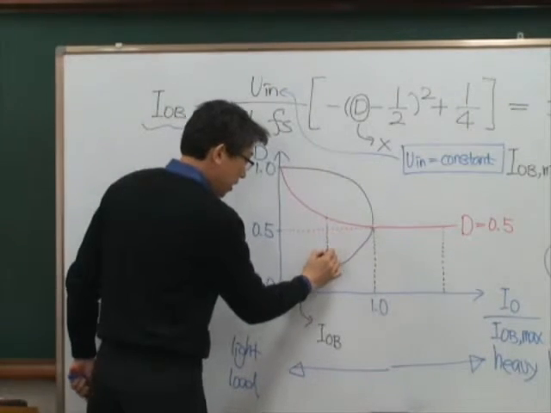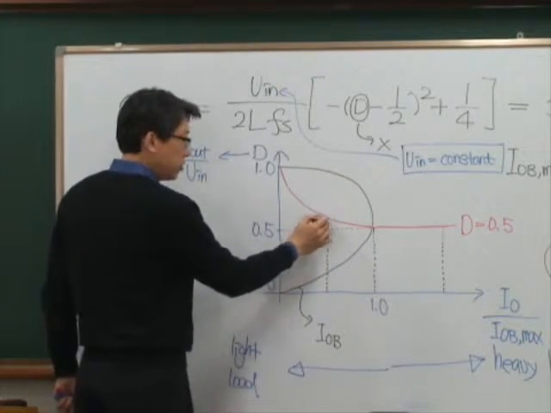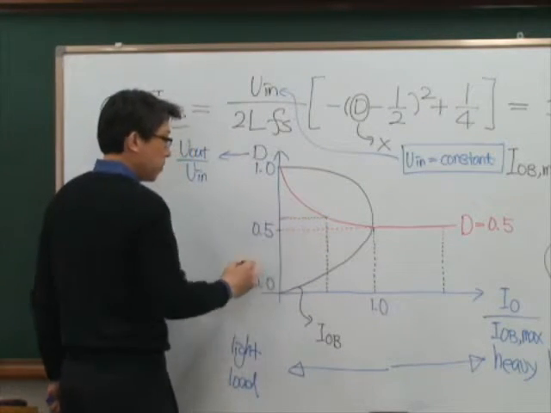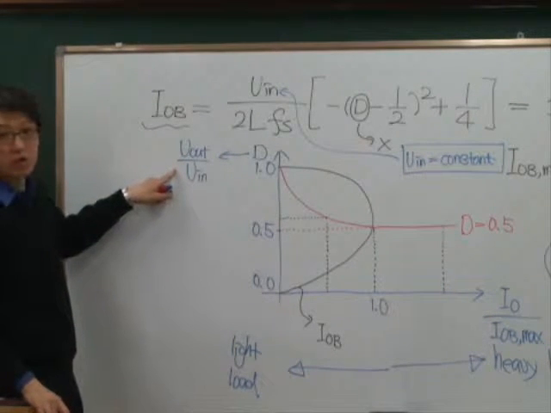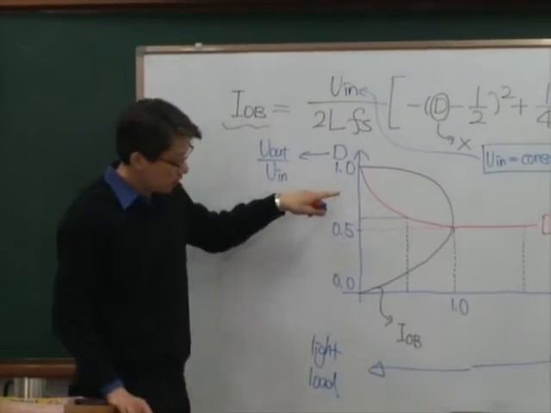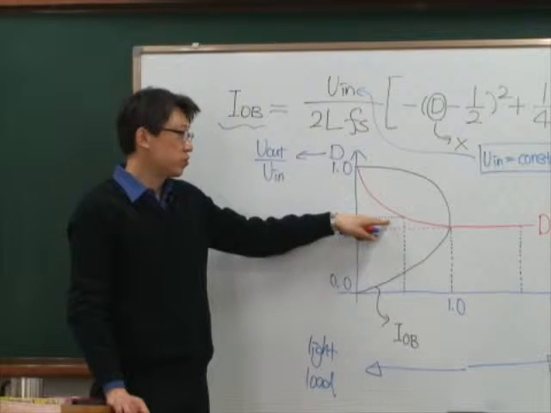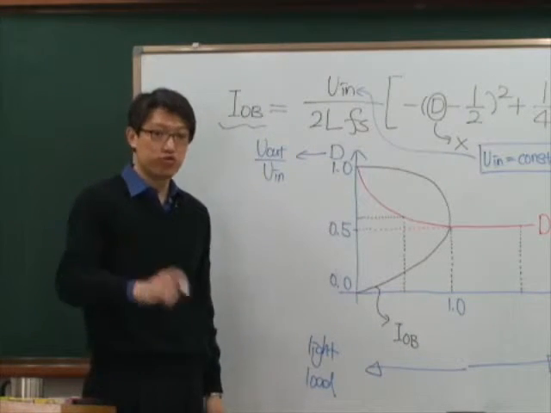If I apply the light load having duty equal to 0.5, then I have higher output voltage. 그죠? 같은 듀티를 갖고 있으면 discontinuous conduction 모드에서는 어떻게 된다고 그랬죠? 아웃풋이 커진다고 그랬죠. 그러니까 듀티를 줄여야 된다고 그랬죠.